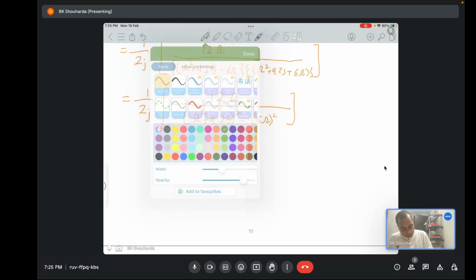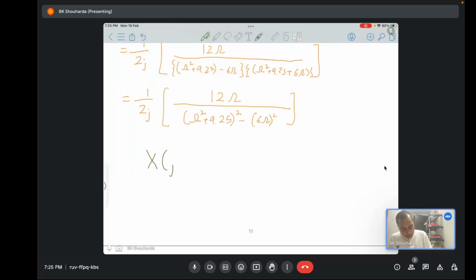So our X of omega turns out to be minus 6j omega, I take this j upwards, over omega square plus 9.25 whole square minus 36 omega square. Okay.